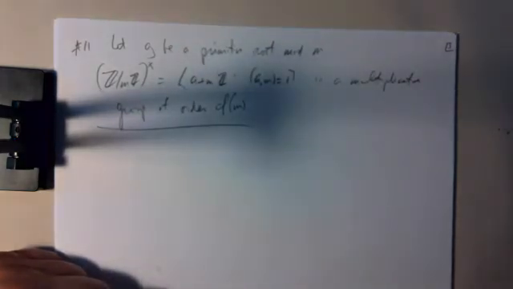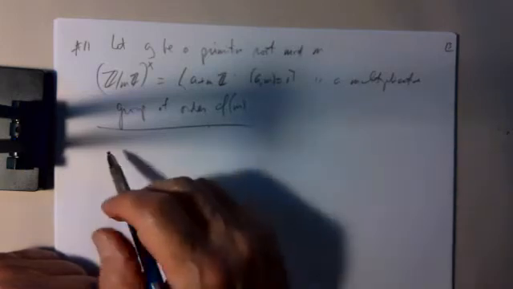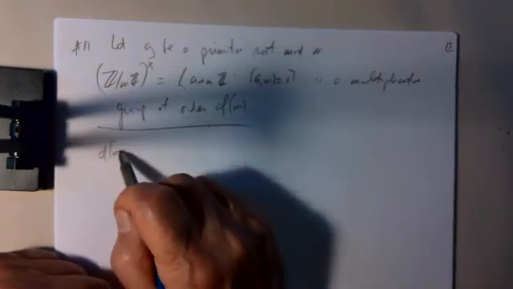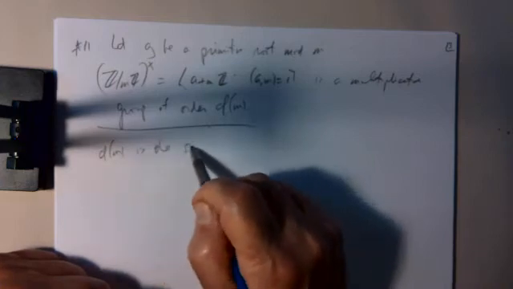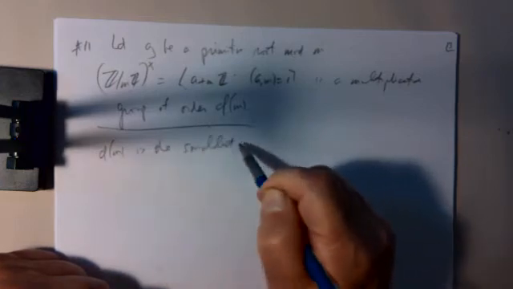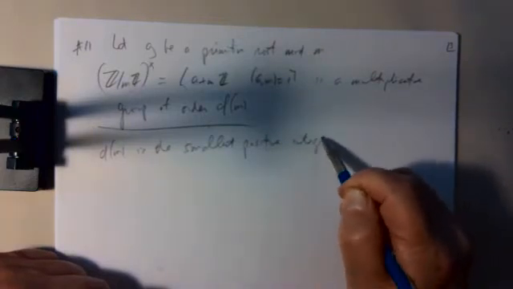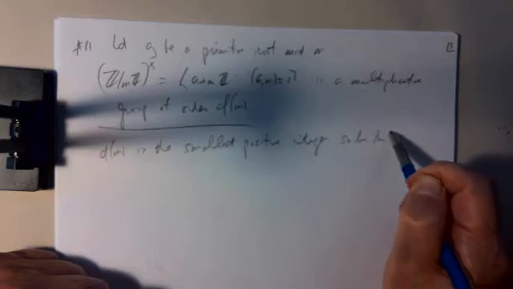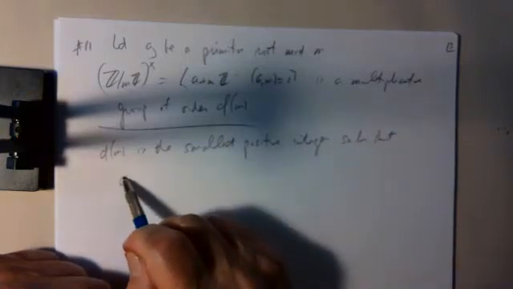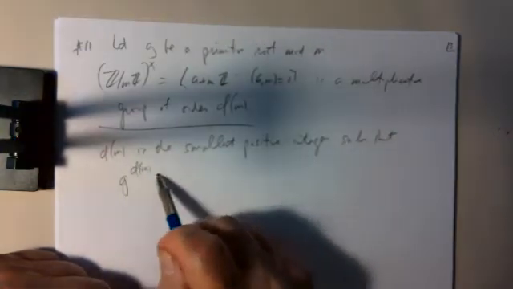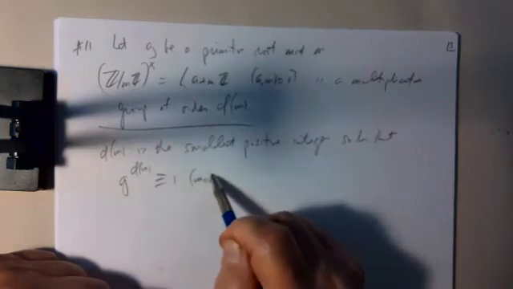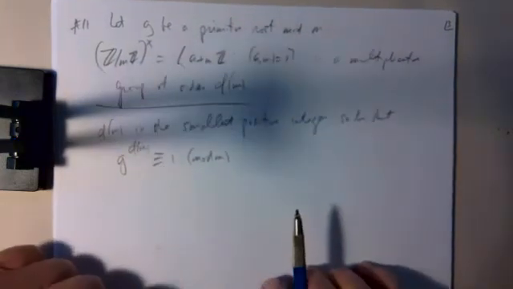So m might be a prime, but not necessarily. So this means that phi of m is the smallest positive integer such that g to the phi of m is congruent to 1 mod m.